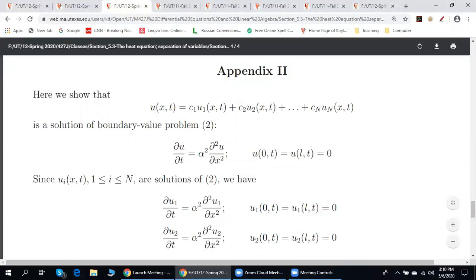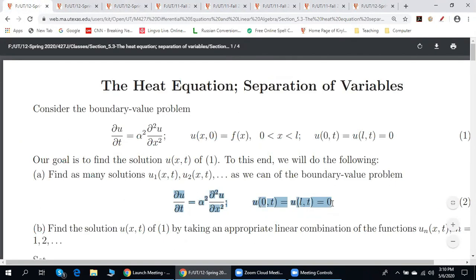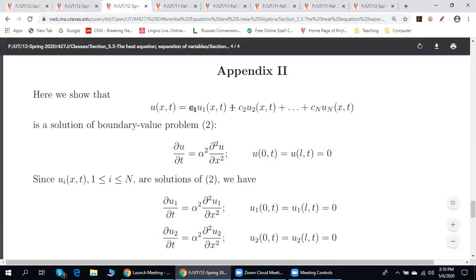Next step, in appendix 2, we show that if u1, u2, and so on are solutions of boundary value problem 2, then any linear combination of them is also a solution of this problem. Here is why.